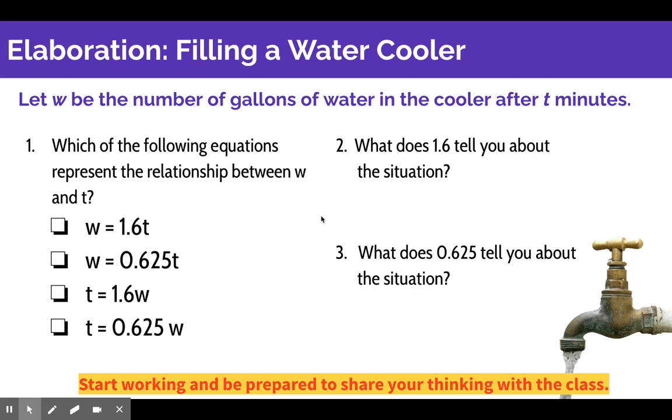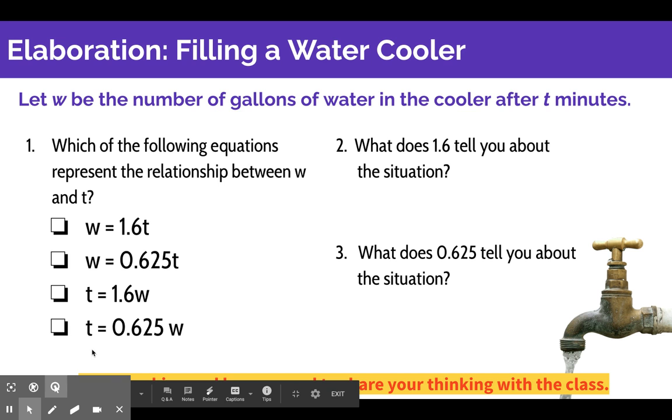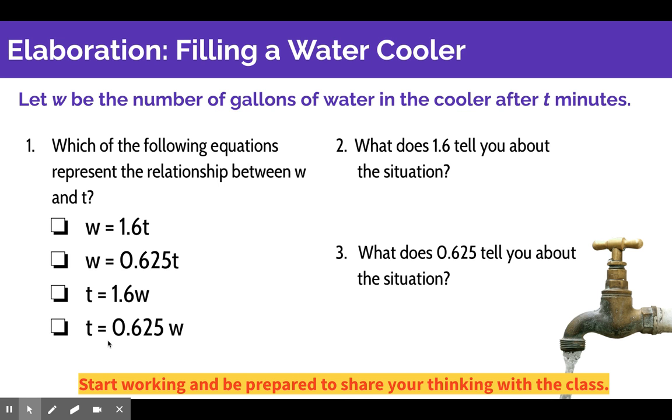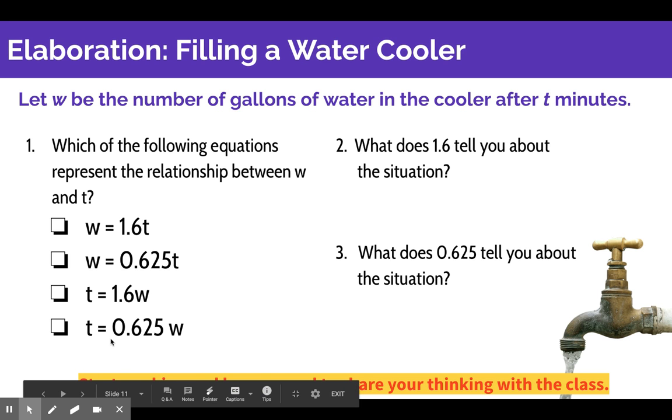There are 3 questions here that we definitely want to make sure that you're answering. So let's start working and be prepared to share your thinking with the class. We're going to pause the video here for about 3 minutes, and based on the prompt that was given to you in your student companion, let's try to answer these 3 questions, and then we'll come back together so that we can share out.